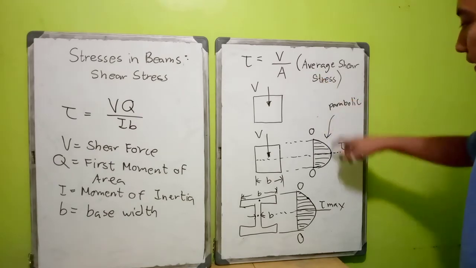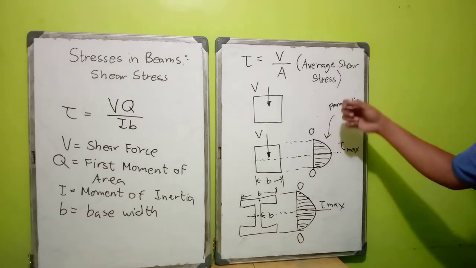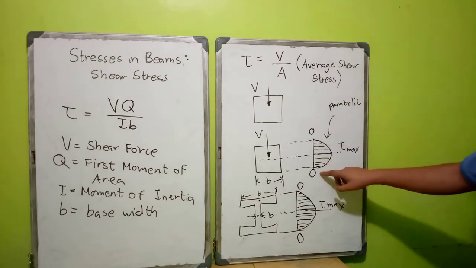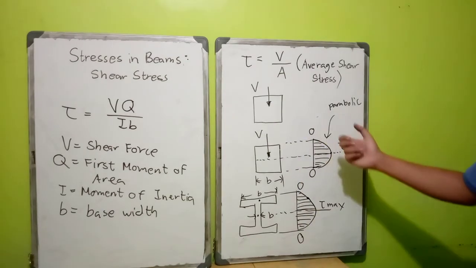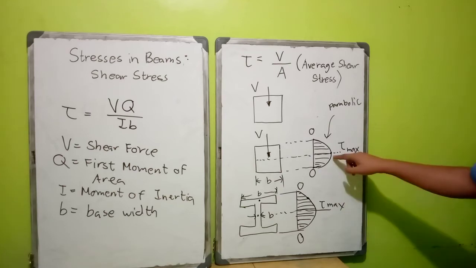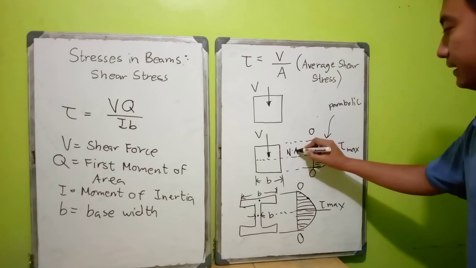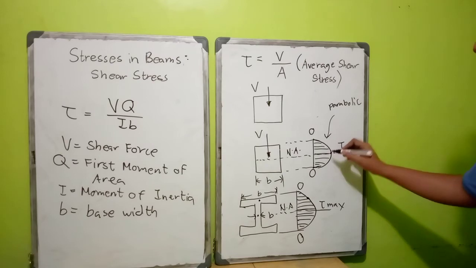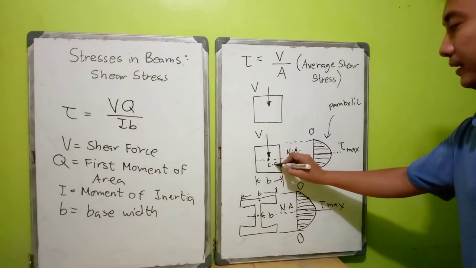So this is the shear stress diagram. It is parabolic in shape, has zero value of shear at the top and at the bottom, and experiences the maximum shear stress somewhere at the neutral axis. This neutral axis is where your center of gravity is located.